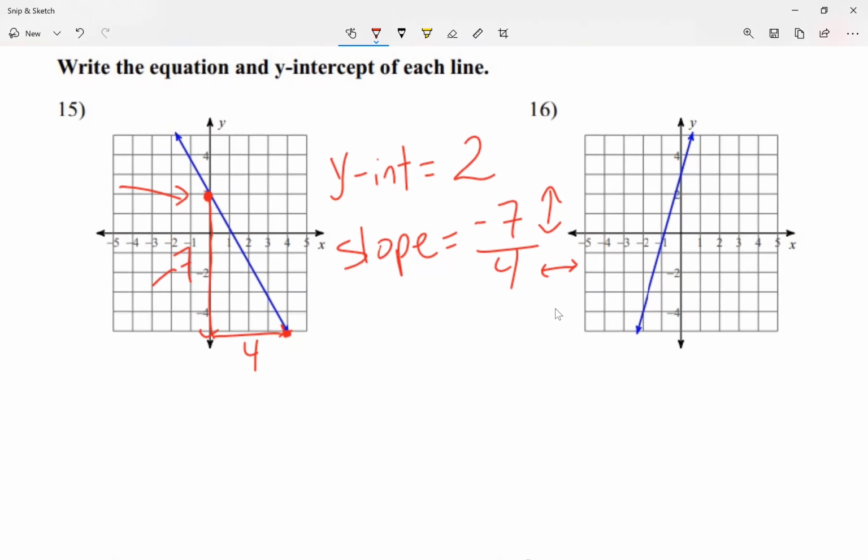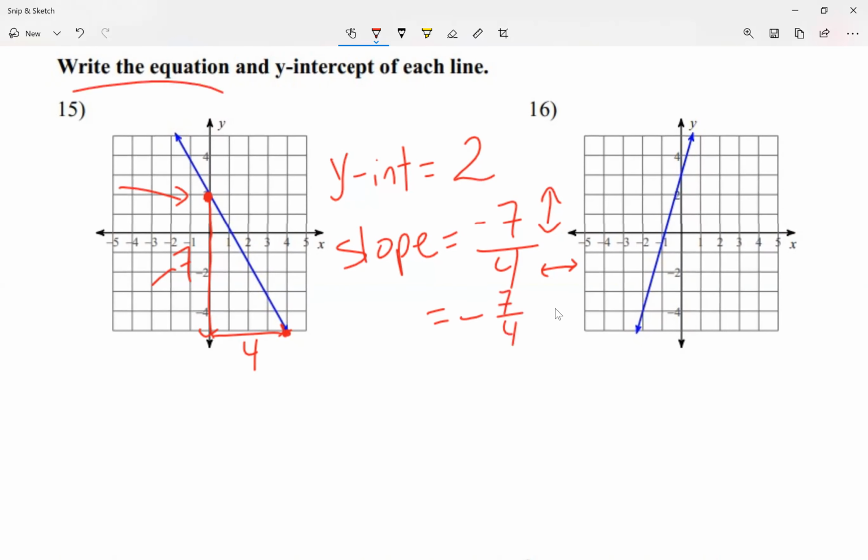So my slope is -7/4. When there's a negative sign, it doesn't matter if the negative's on the top or the negative's at the bottom. When there is a negative sign, you bring it to the front. So my slope is going to be -7/4.